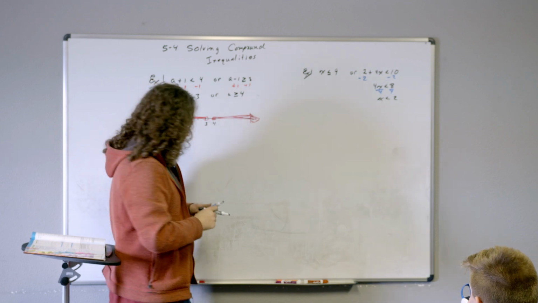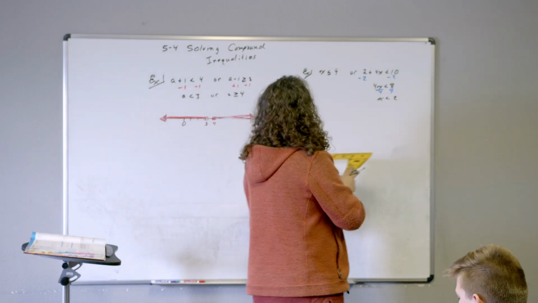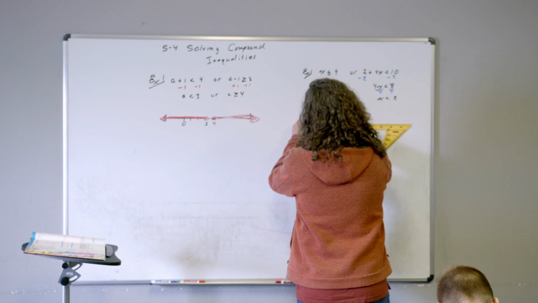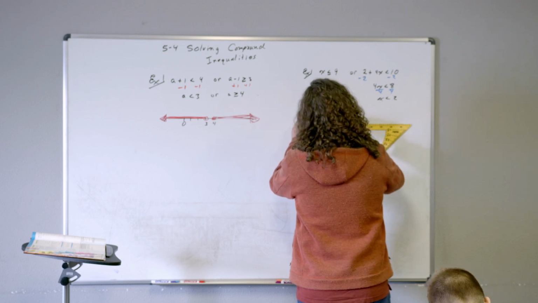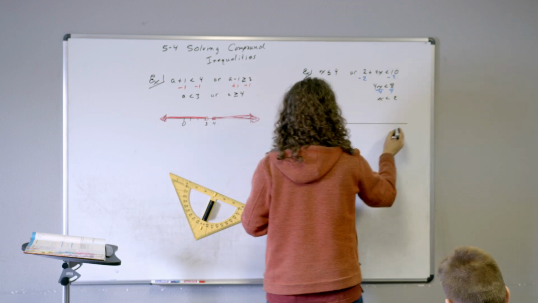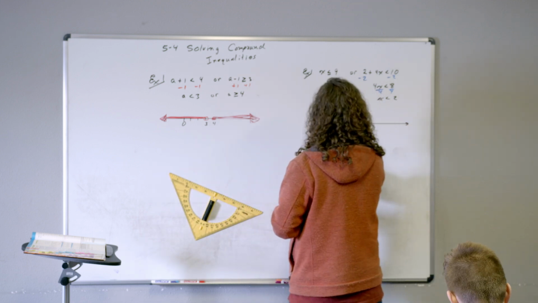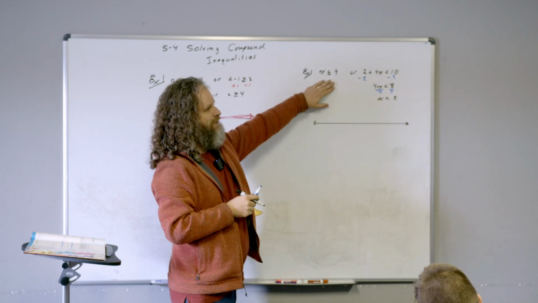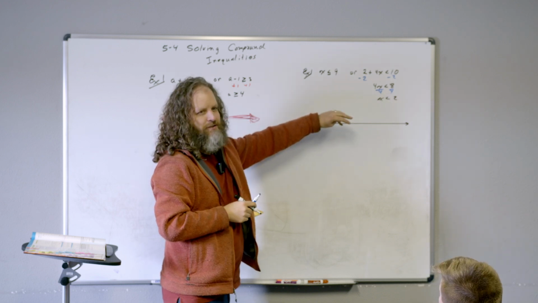So before we graph this, I'm going to go ahead and put my line up there. Look at what we got as our answers. What do you notice? They're both less than. So if a number is less than or equal to 9, it's also less than 2.